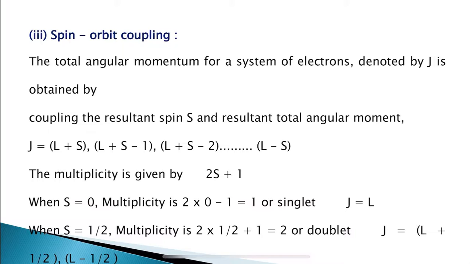And we saw how the spin-spin coupling occurs in this, and orbit-orbit coupling describes the total angular momentum quantum number for 2 electrons, which is obtained by adding the orbital angular momenta vectorially. This is where we stopped in our previous class.